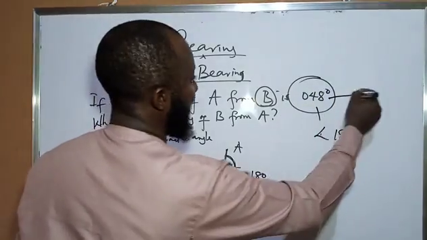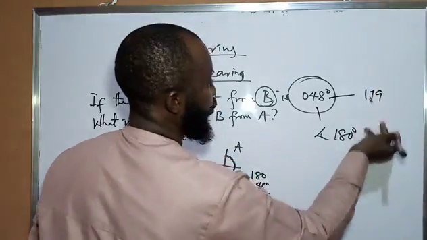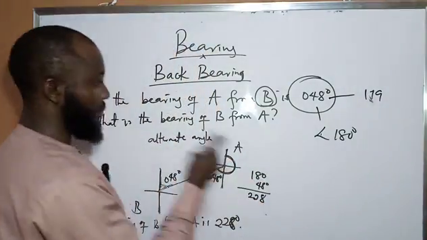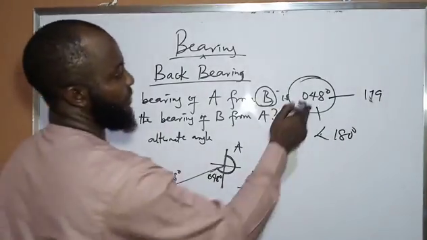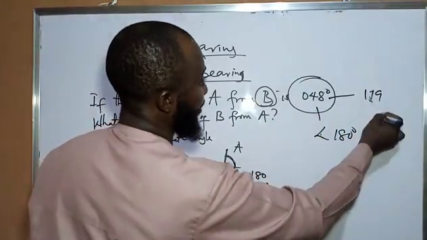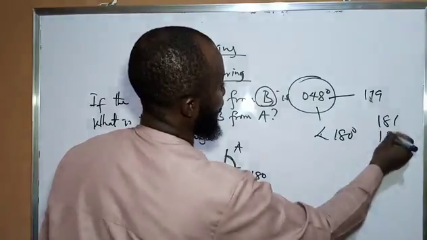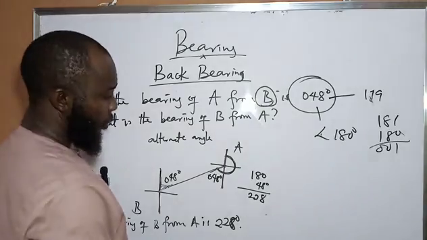Even if what you have is 179, you add 180 to it to get the back bearing. But if it is more than 180, like 181, you subtract 180 from it, and the answer will be 001 degrees. I hope I'm making sense.